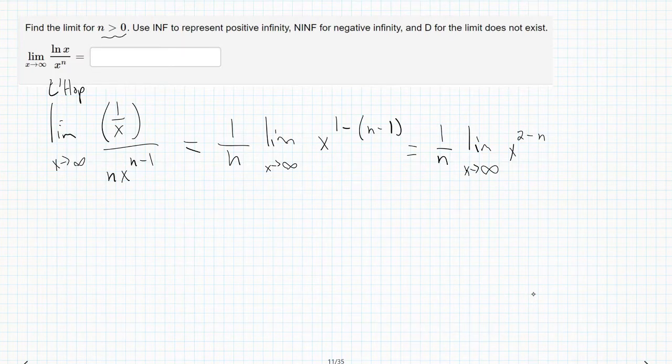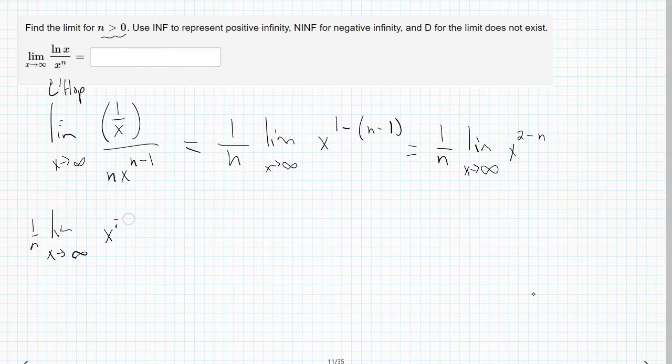Right? So the other way to look at this now, this is the limit as x approaches positive infinity of, oh, we still have a 1 over n. Let me do it this way actually. I'll look at it slightly different.